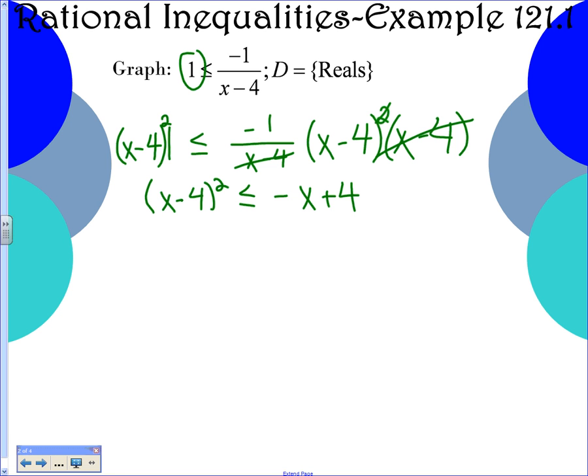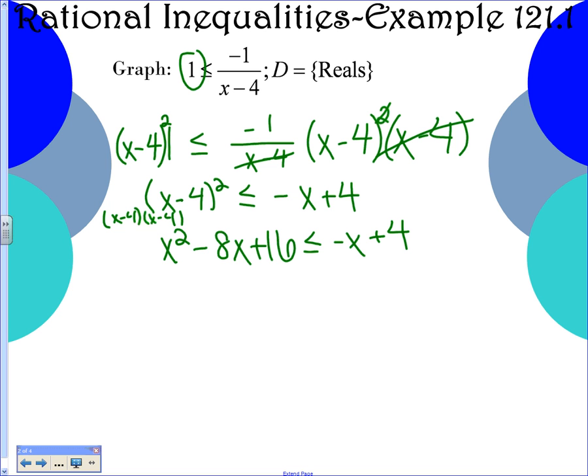So now we can factor this. How will it factor? X squared minus 8x plus 16. If you multiply it together, you're just factoring, distributing. X minus 4 times x minus 4. All right?